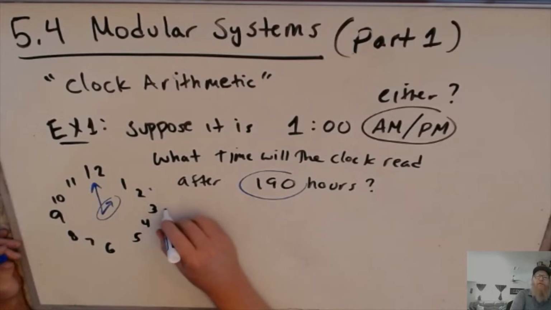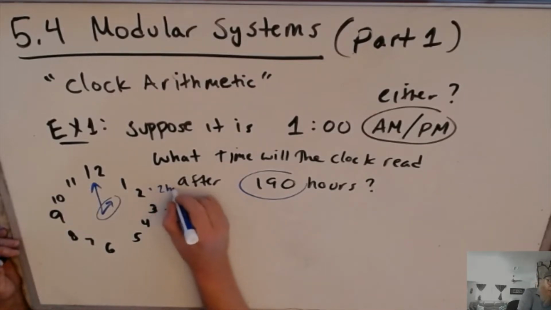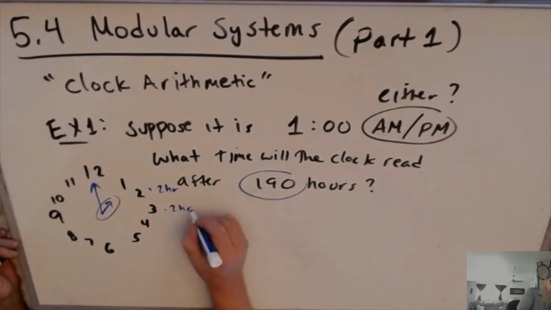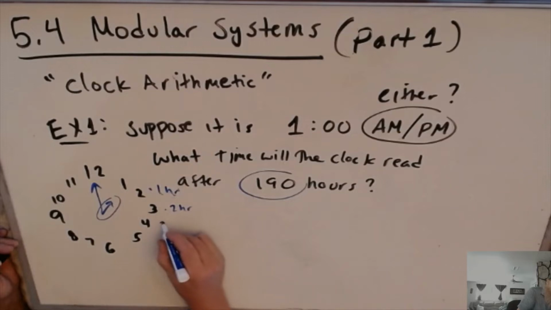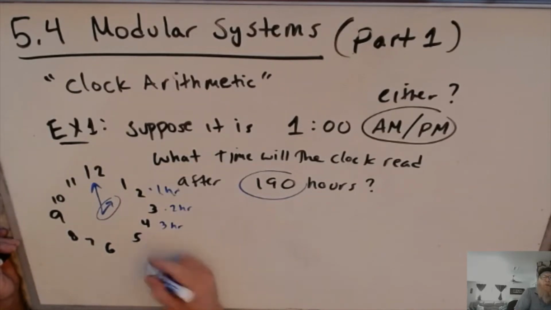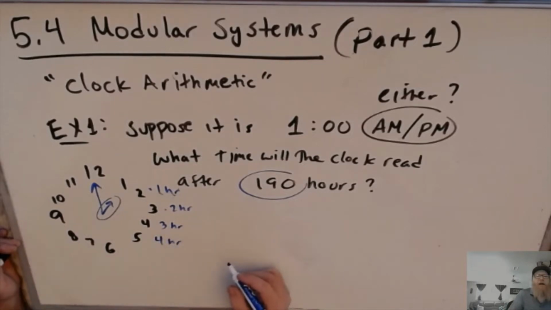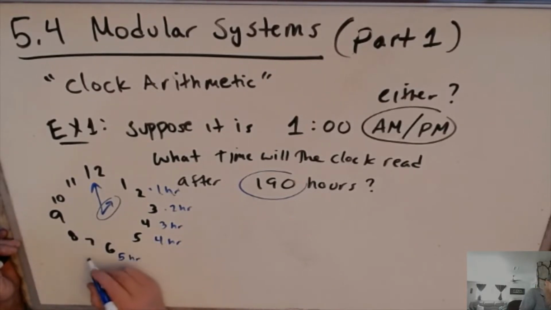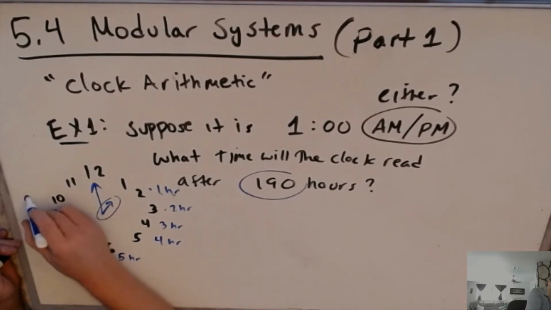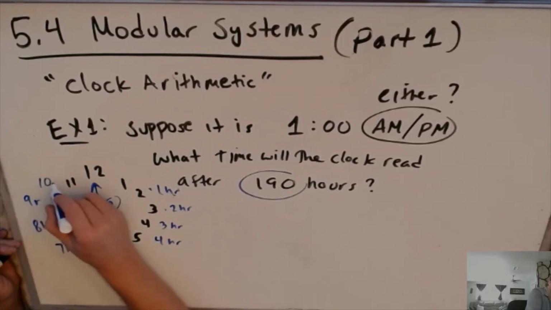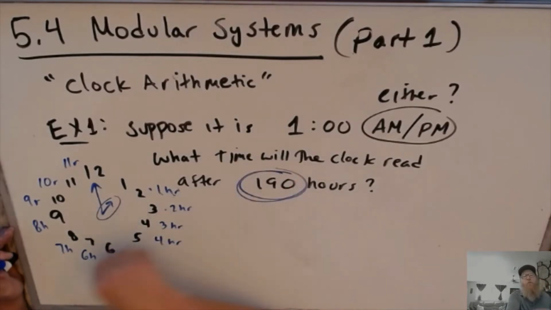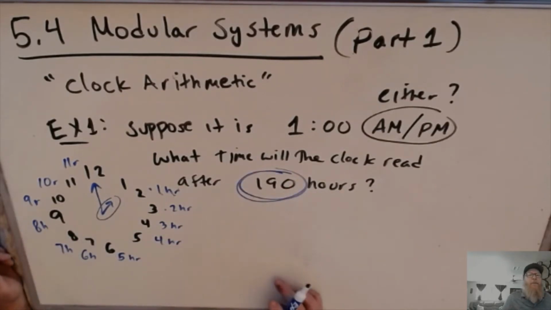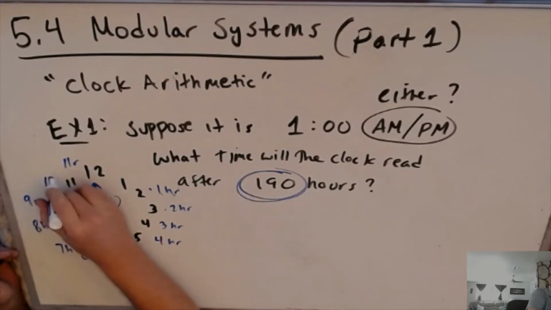After 2 hours, it would be at 3. After 3 hours, it would be at 4. After 4 hours, it would be at 5. 5 hours, 6 hours, 7 hours, 8 hours, 9 hours, 10 hours, 11 hours, and you're going to get really sick of doing this. You don't want to sit here and go all the way to 190.